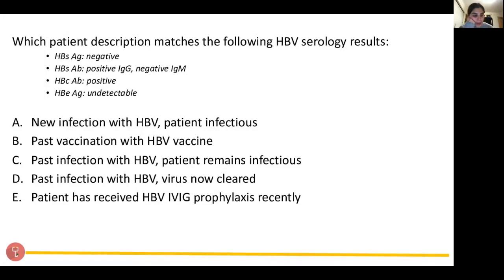And then they're anti-HBc antibody positive. So that means that they've caught the disease. So they actually have had the infection. They're not vaccinated against it, from the memory aid, if that makes sense. And then HBe antigen is undetectable. E is when they are ill, so acutely infectious.